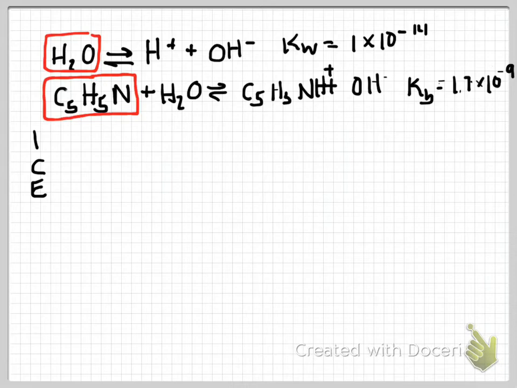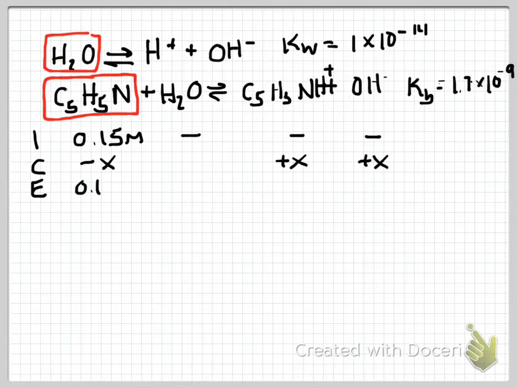And our initial concentration here is 0.15 molar. Our H2O doesn't matter. We have no protonated conjugate acid at the beginning, and we have no hydroxide at the beginning. Our change will be minus x for the base and plus x for the products, so our equilibrium concentrations will be 0.15 minus x, plus x, and plus x.